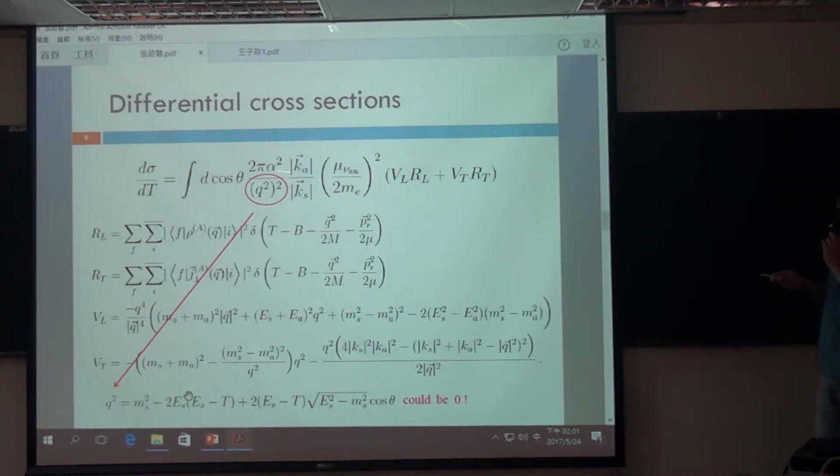So for this kind of detection, we know that Q squared can be 0 at some T and theta. You can see that there's a Q to the fourth, but in this term we only have Q to the 2 or even 0, so there may be some problem.